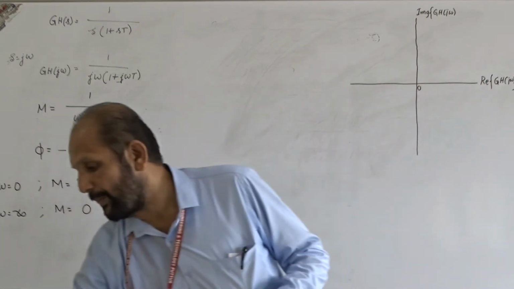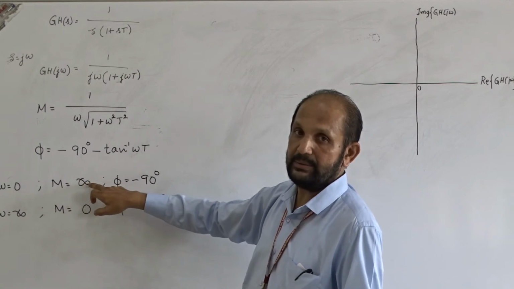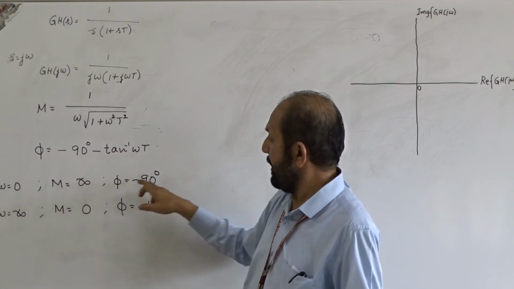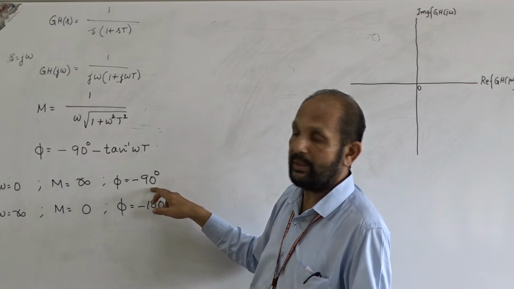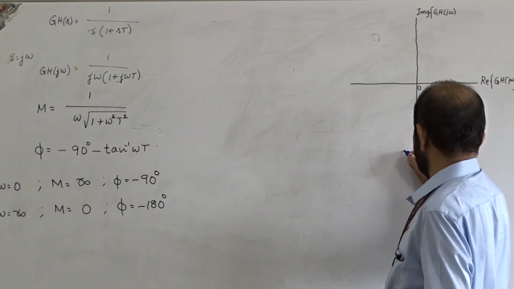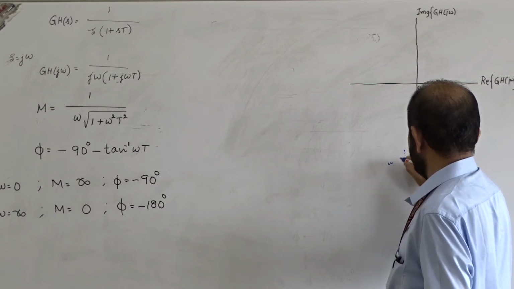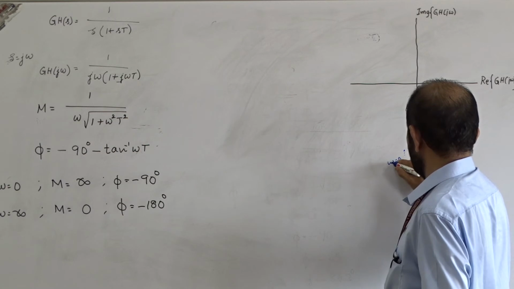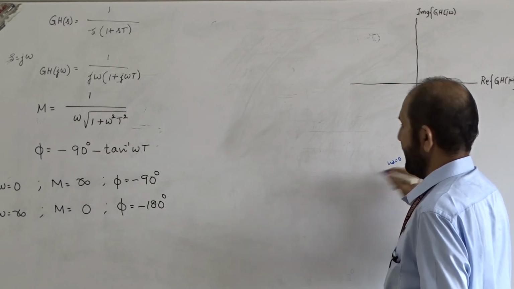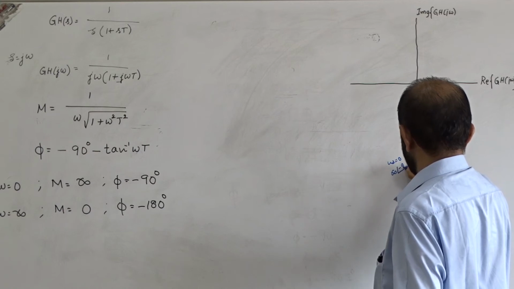Starting point is when omega equal to 0, M equal to infinity. So the starting point is at infinity, angle minus 90 degree. Assume that infinity comes somewhere here. When omega equal to 0, this is the infinity point, and the angle is on the minus 90 degree axis.